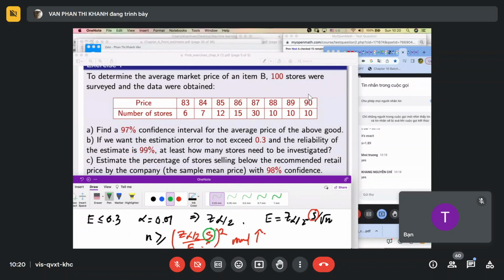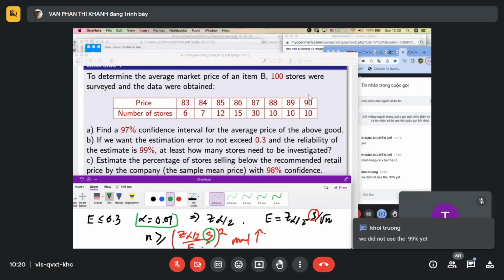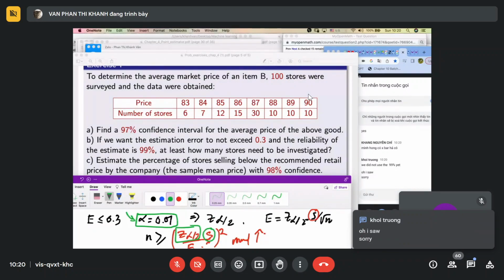Here we have all the values: we have z, we have E, we have s. Here alpha is 0.01, so I have to find the new z alpha over 2. Okay, we just use s to estimate sigma, that's all. Agree?